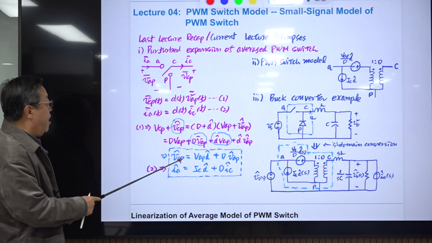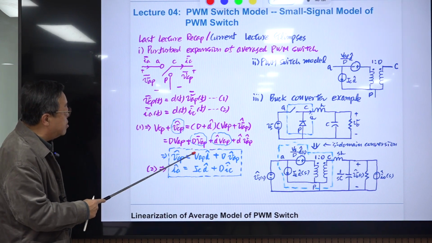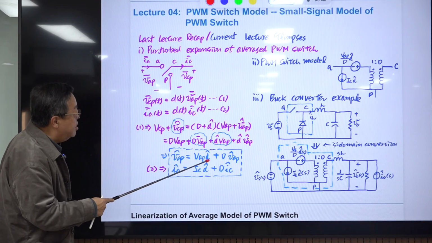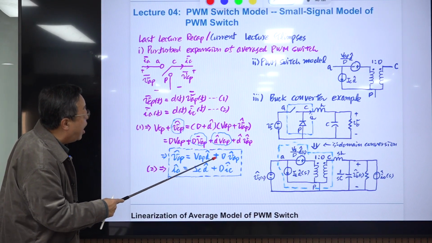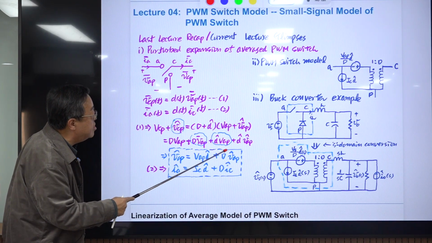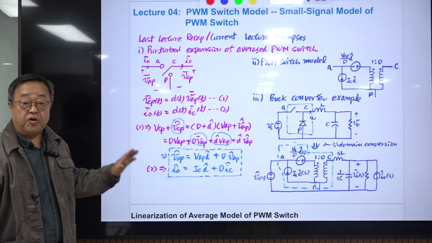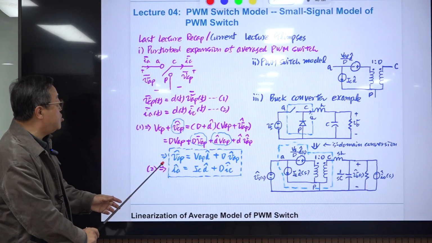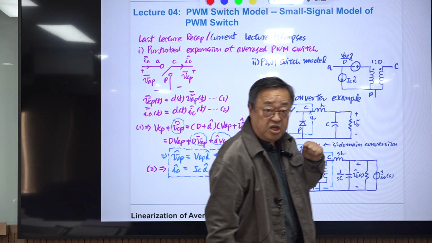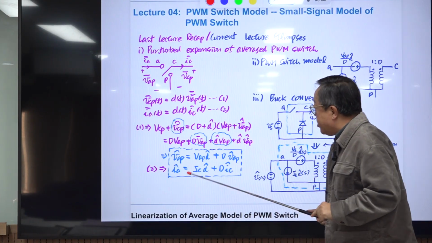So in the small signal model, small signal variables are expressed with linear combinations of other small signal variables, and the DC information is used as the coefficients. So this small signal model depends on the DC operating point. This DC information must appear here.